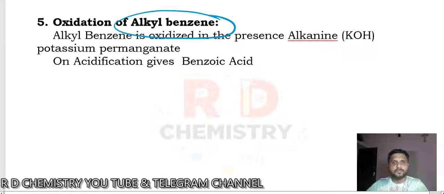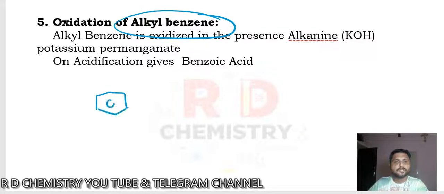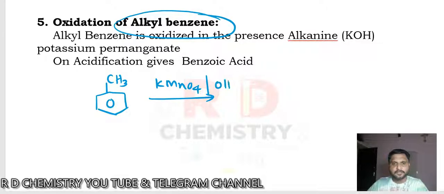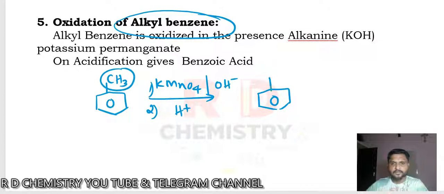From aromatic hydrocarbons also we can prepare carboxylic acid, that is the aromatic carboxylic acid. Suppose I have here toluene. Toluene is made to react with potassium permanganate in the presence of a basic medium, followed by acidification. It finally gives the CH3 group getting oxidized to give COOH. If there are extra carbon atoms, they will become the corresponding carboxylic acid.